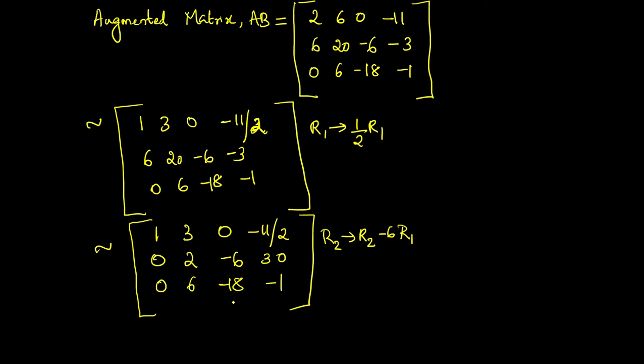Next step, we have to make the second element of the second row 1. So use the row transformation R2 gives 1 by 2 R2.